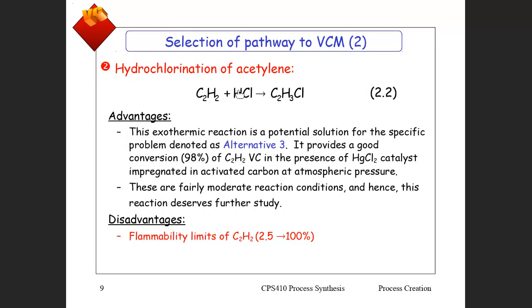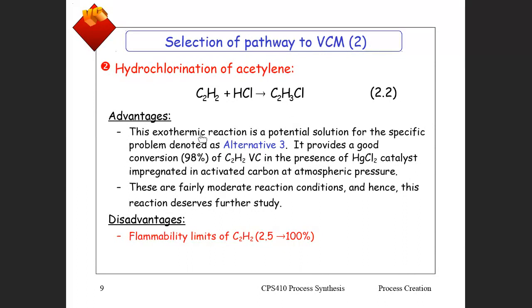Hydrochlorination of acetylene. So acetylene is an interesting thing. It's a very high energy type of molecule, and because it's a high energy type of molecule, it gives free energy with a low energy molecule like hydrogen chloride, makes it a viable reaction and goes immediately to a vinyl chloride monomer, which is exactly what you want. So really neat.